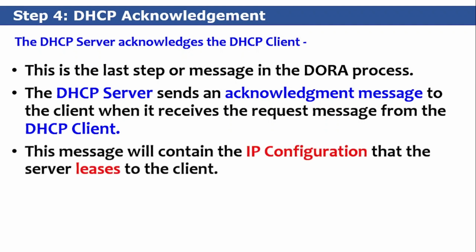This message will contain the IP configuration that the server leases to the client. So the DHCP acknowledgement message will contain the core IP configuration. It might say IP address, subnet mask, default gateway if it's configured, preferred DNS and alternate DNS.